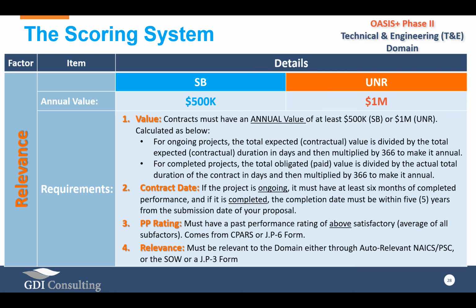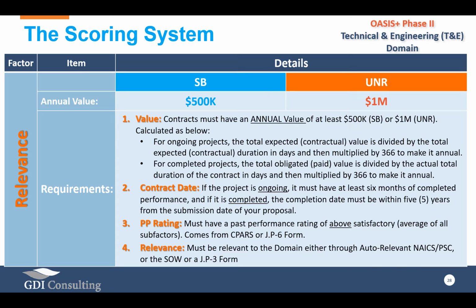So whatever is written on your contract award, option years are included too. Say you have a contract, you're in the first base year, and then it has 4 option years, and you are in the first year. The total value with all options is $10 million. You take that $10 million and you divide by 5, even though you're in the first year.